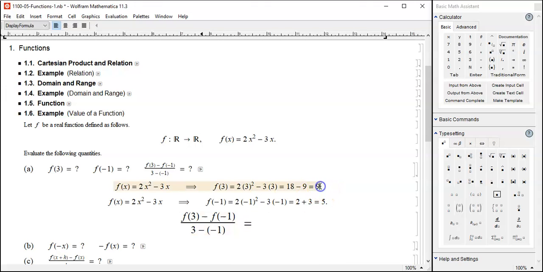You calculated already. That's 9. What is f of negative 1? We have it here. That's 5. So this is the same as 9 minus 5 over 3 plus 1. So we have 4 over 4. We have this kind of computation. It's easy if you know how to substitute. Substituting gives you the function value, another substitution, and still more substitution.